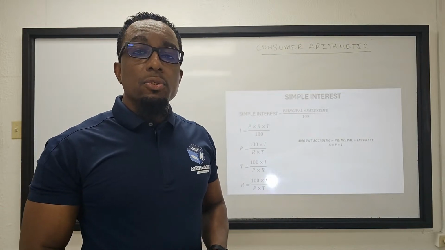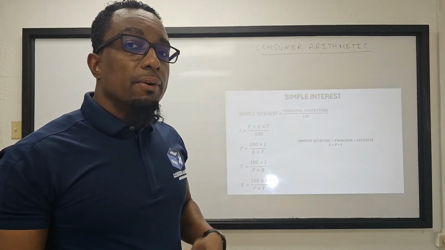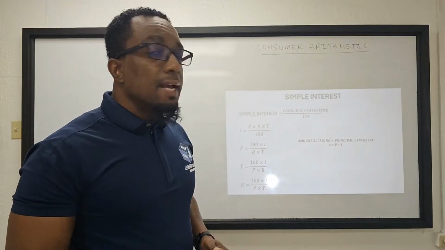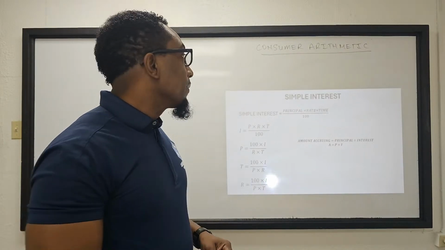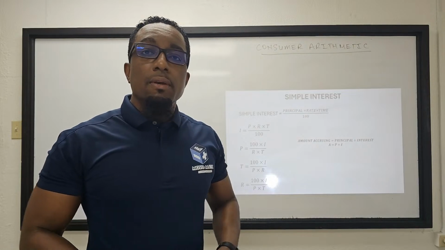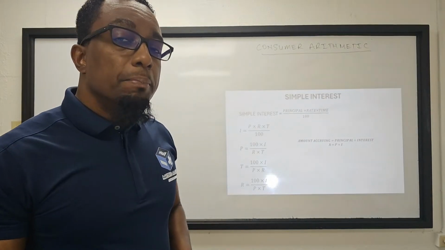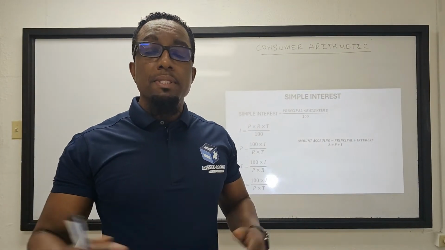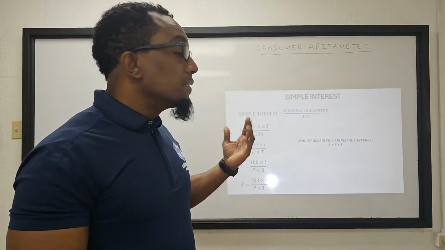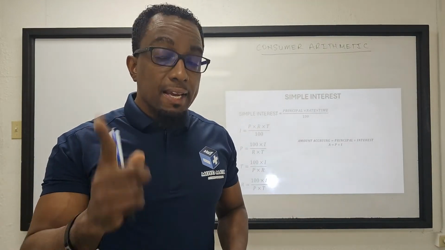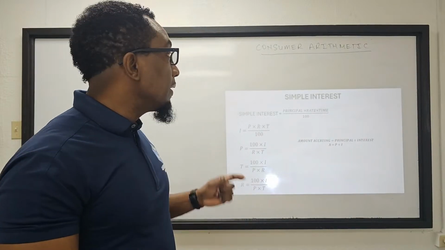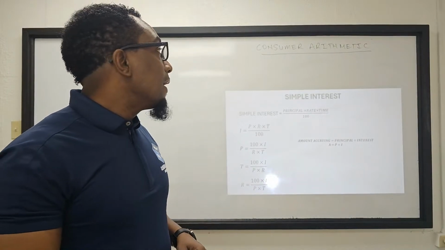All financial institutions will charge an annual rate, represented as a percentage. If you borrow money, you have to repay it within a specific time frame. That is the time, and it's always represented in years. Very important. The time is represented in years.